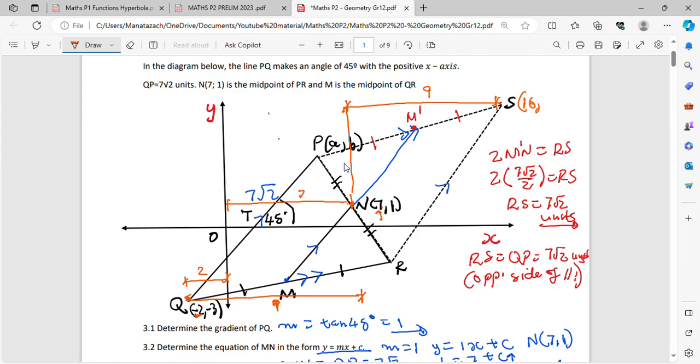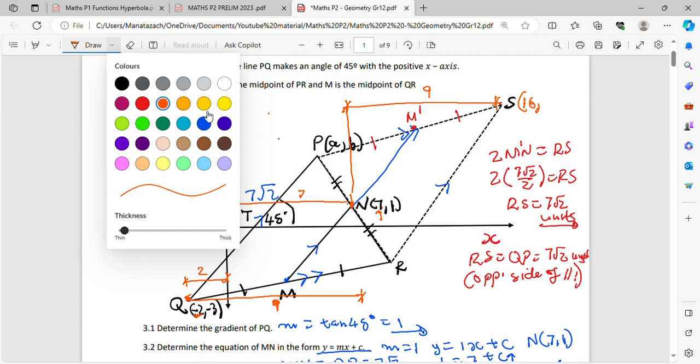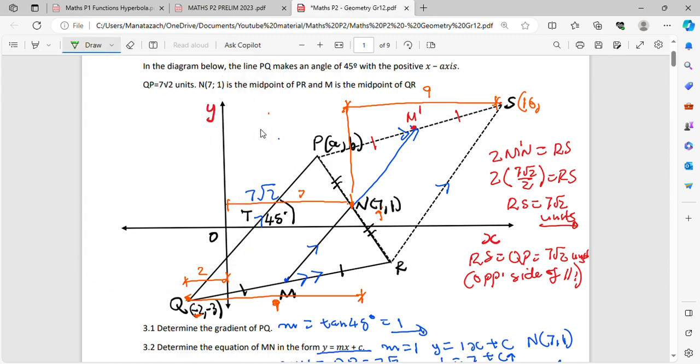Now let's do the same exercise for the y coordinate. The distance for N to the x-axis. Okay, now let me just choose a different color. Let's use green. The distance for N to the x-axis, that distance there is 1, right?